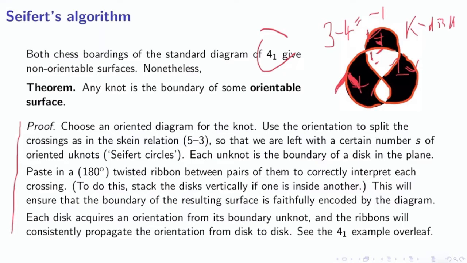Then you have these separate disks, but we want a connected surface. So it's a bit like what we did before. We paste in twisted bands in place of the crossings. I won't say more on this page, but the key thing is that this will give you an orientable surface. Let me show you this in action.